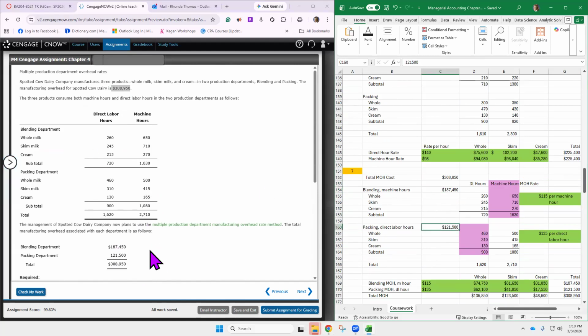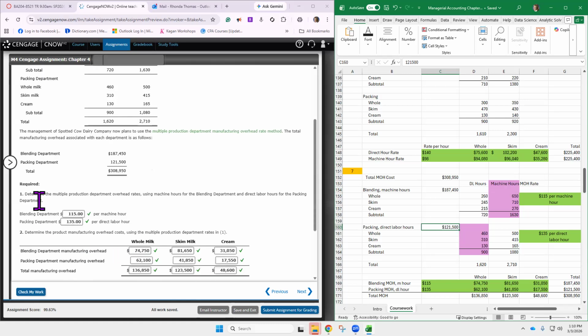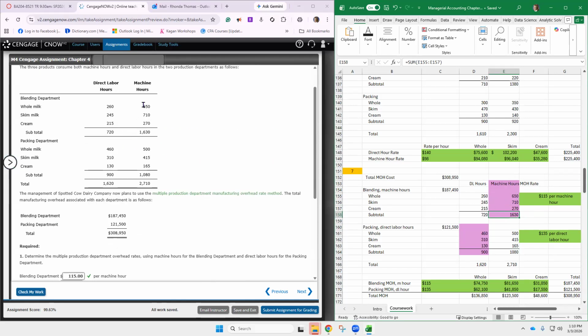Then it says, determine the multiple production department overhead rate using machine hours. So blending uses machine hours, but packing uses direct labor. So here's machine hours. All the machine hours add up, and this is for blending, these three here. That's what they're going to use.